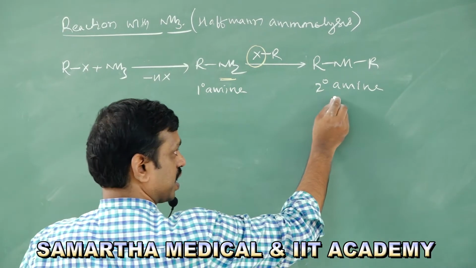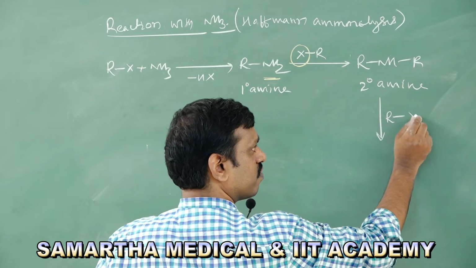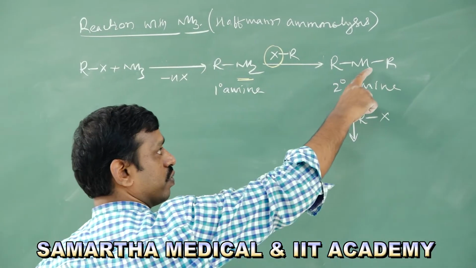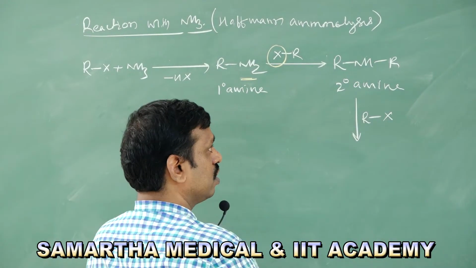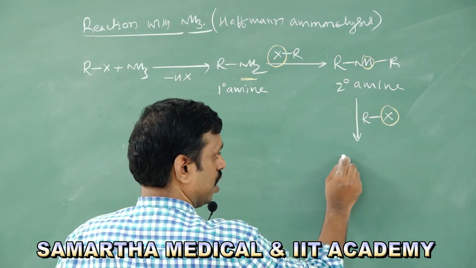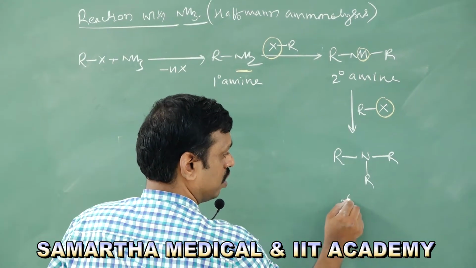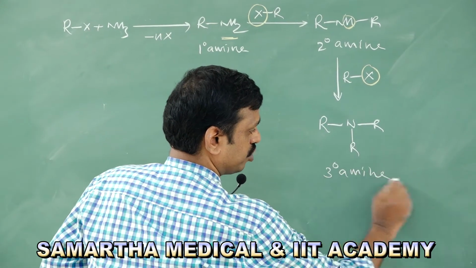Next, this secondary amine again reacts with another mole of alkyl halide because there is one hydrogen and this X. These two can be removed, then it forms RNRR. It is called a tertiary amine.